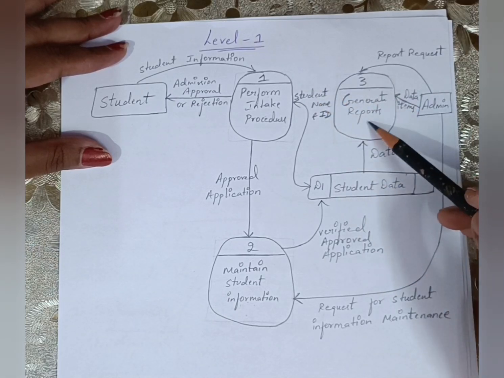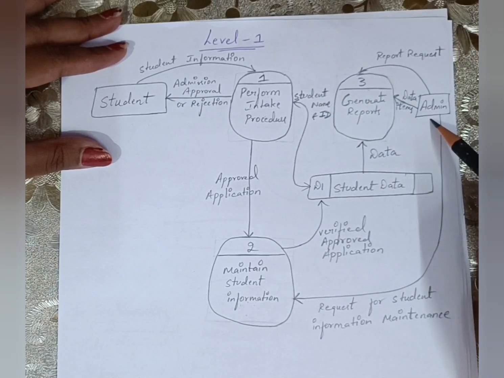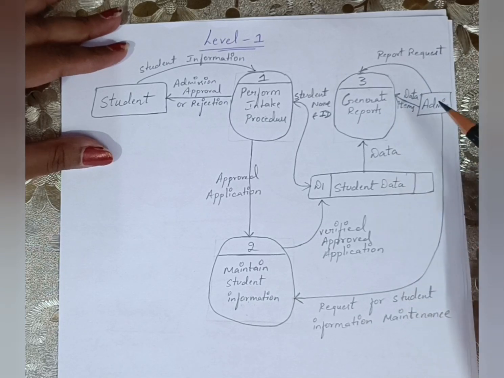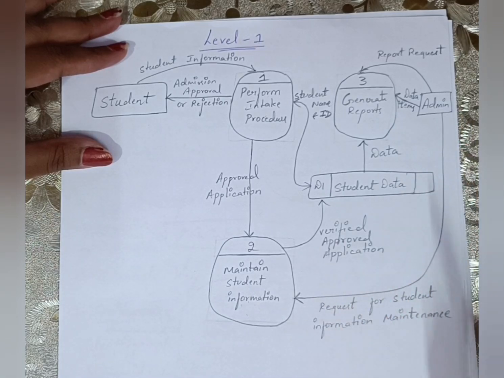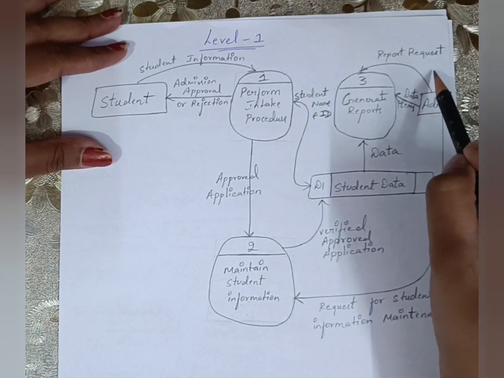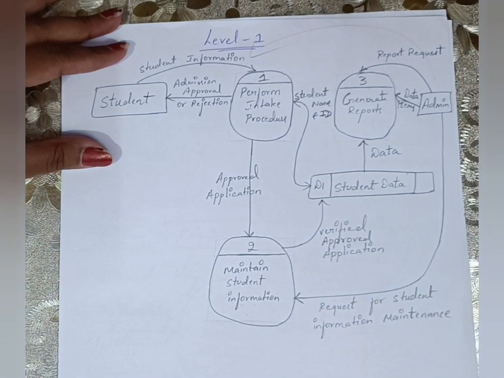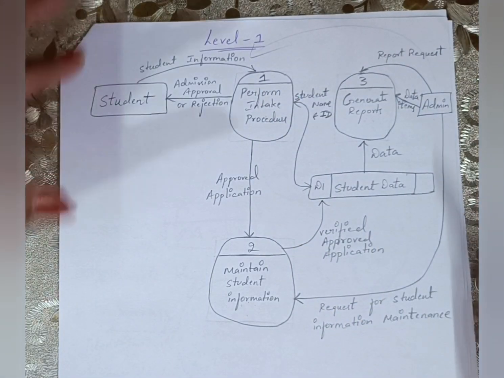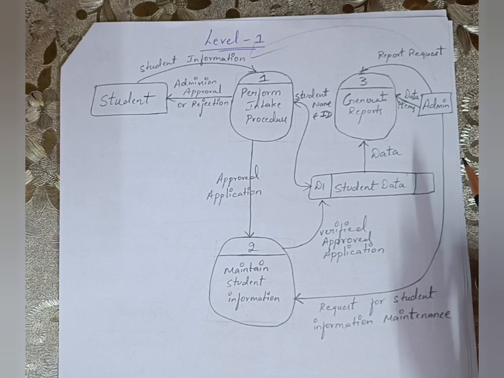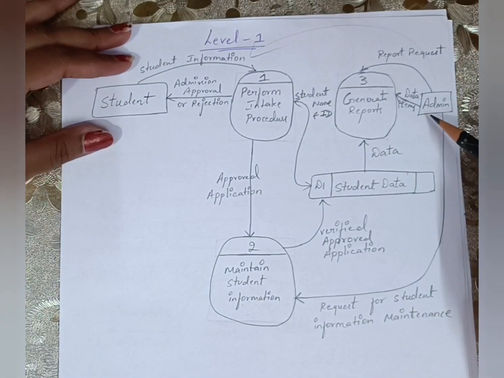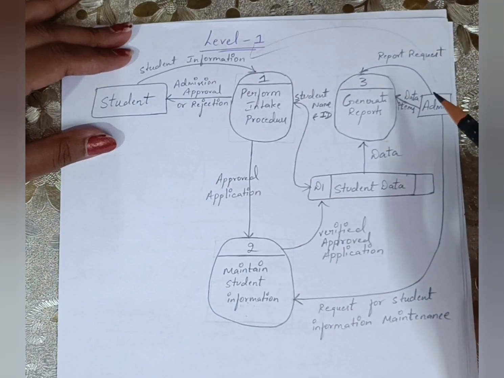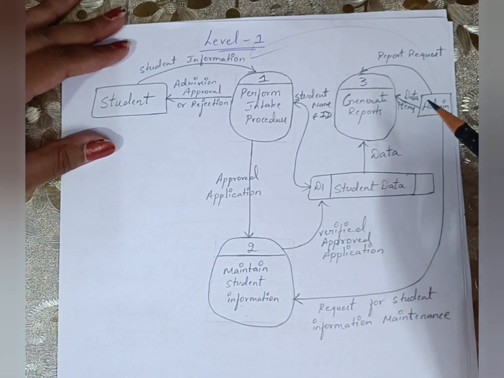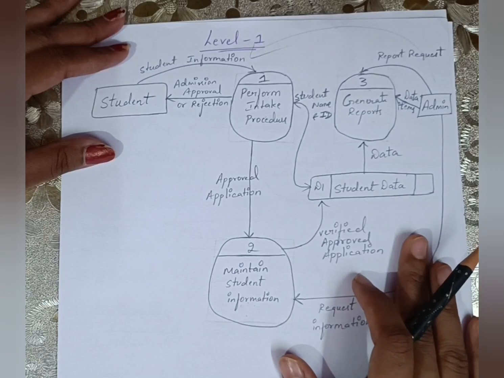Then the admin will check these reports, and based on these reports he will give a response. You can just draw it roughly like that. The admin will give a response to the student whether he is eligible or rejected. So this was the example for level 1.